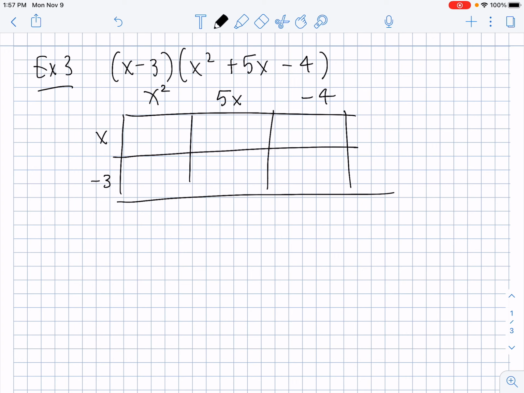Bring that -3, since it's x minus 3, down there. So you have 6 boxes that you are going to multiply. Go ahead and do that multiplication now. Pause the video and do the multiplication.